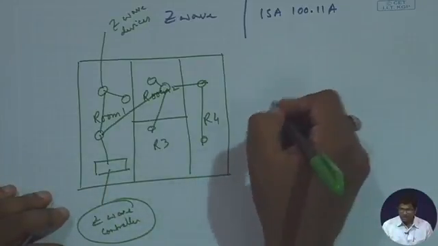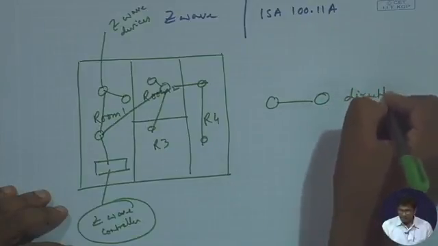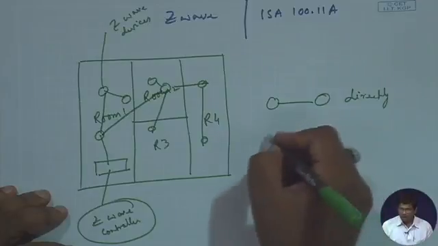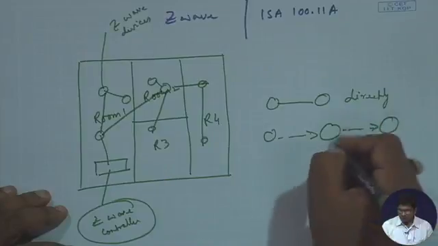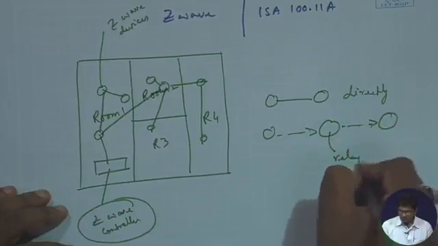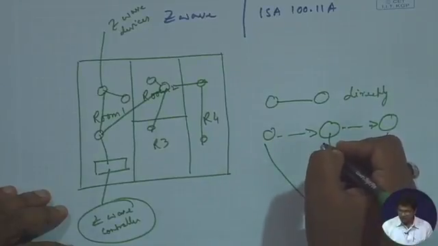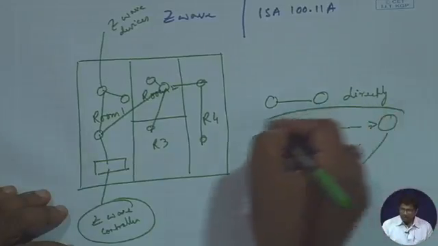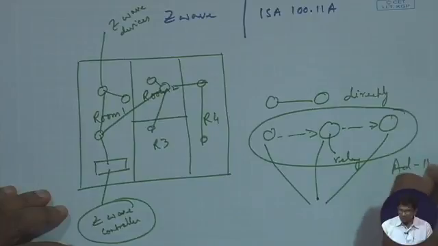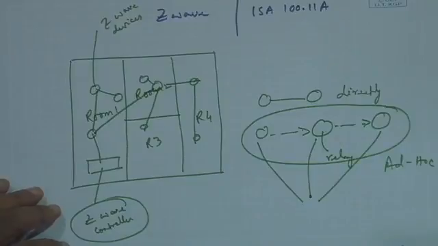These Z-Wave devices could be connecting directly, or they could be connecting with the help of a relay node in between. So, this is one Z-Wave device, this is another, and this could be a third. And this could be something like an ad hoc mode of communication. This is how Z-Wave basically functions.